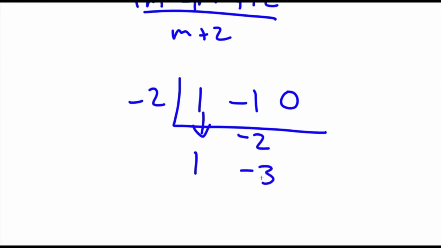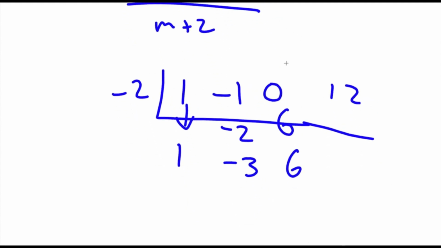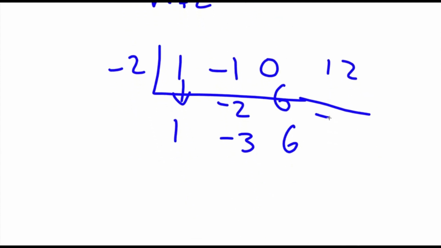Now negative 2 times negative 3 is 6, and 0 plus 6 is 6. Now negative 2 times 6 is negative 12. This is actually supposed to be 12 because we have a 12 at the end here. 12 plus negative 12 is 0.